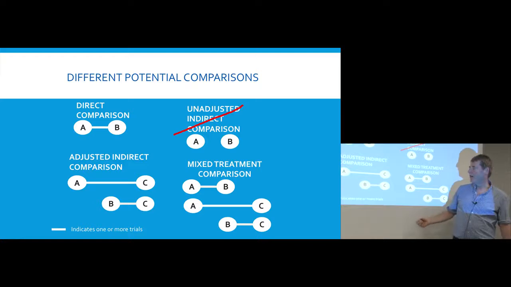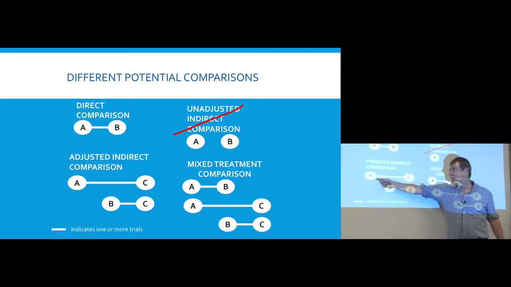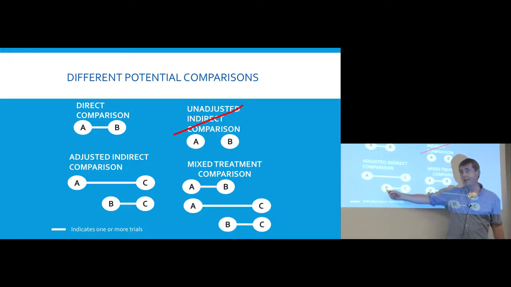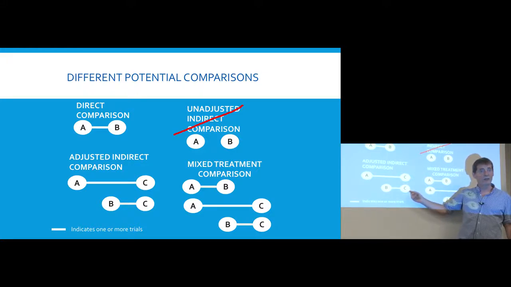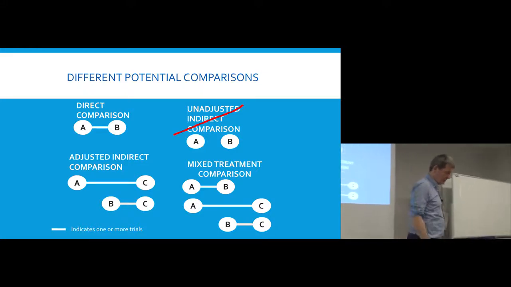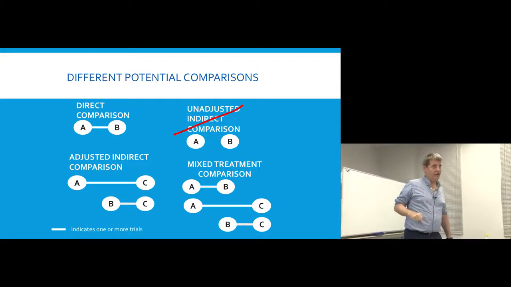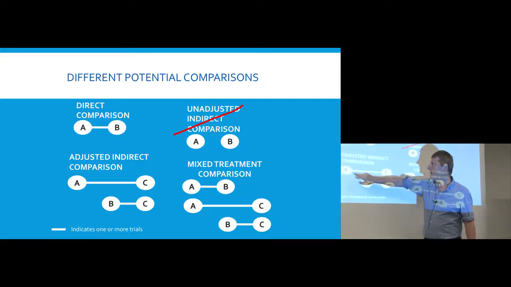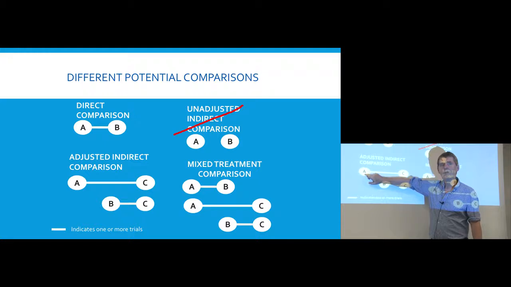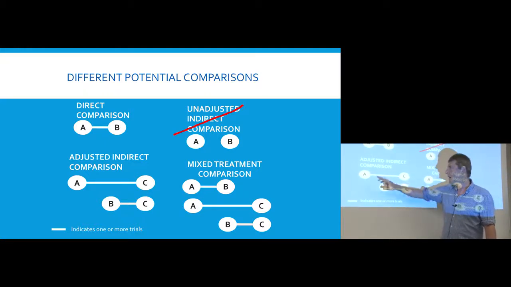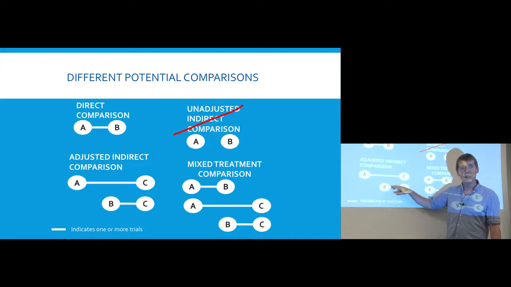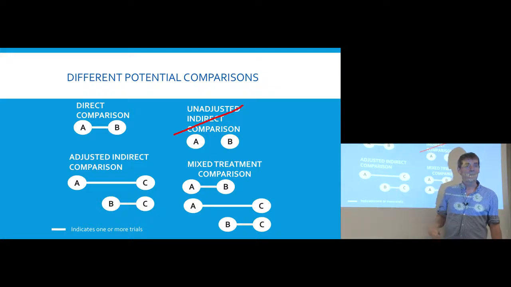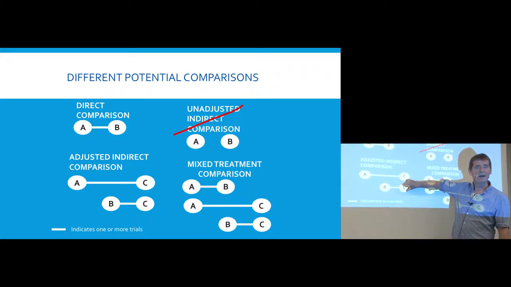So you may have a trial that compares treatment A with treatment C, and another trial that compares treatment B with treatment C. And because the two trials have a C arm in common, the argument is that by comparing how much better A is than C, and comparing that with how much better B is than C, we can then make the comparison between A and B, because they have a common comparator.